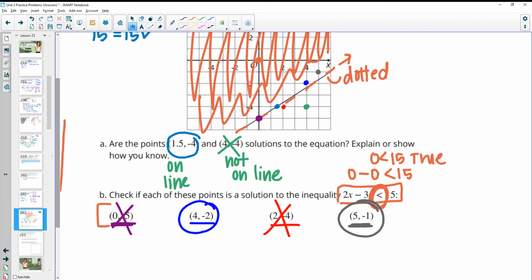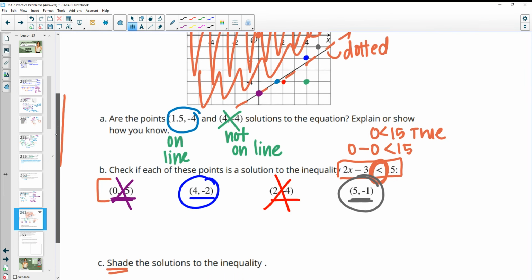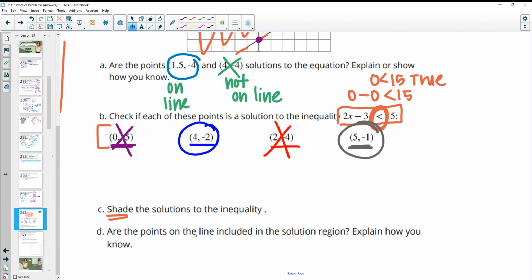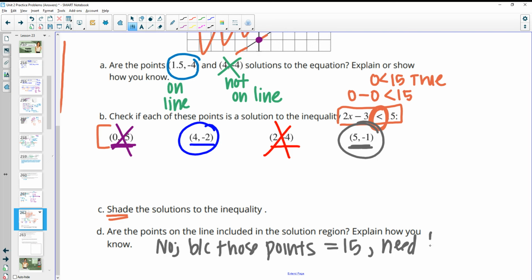So that is a solution. And then are the points on the line included in the solution region? And no, because those points would equal 15 and they need to be less than 15.